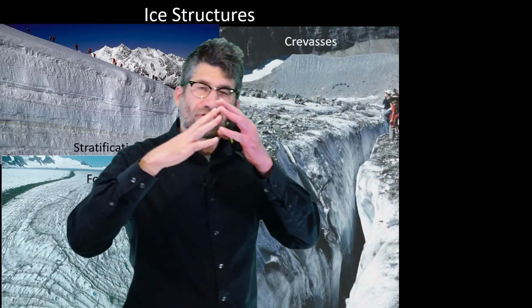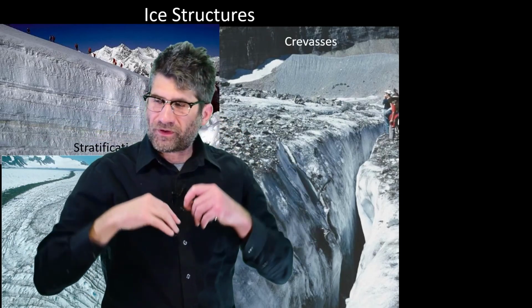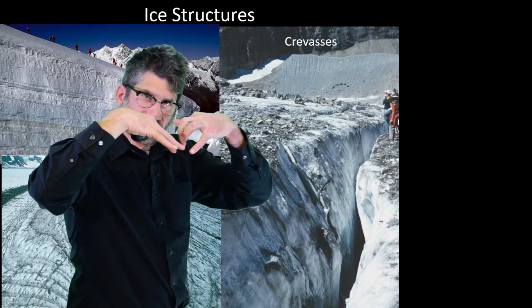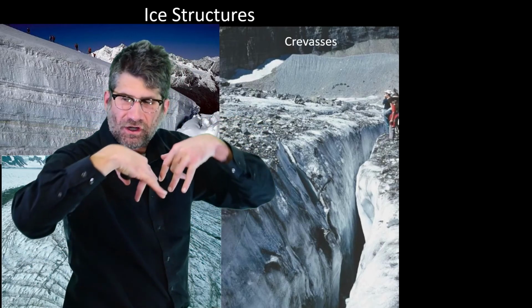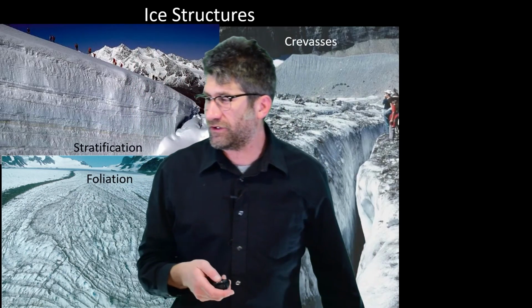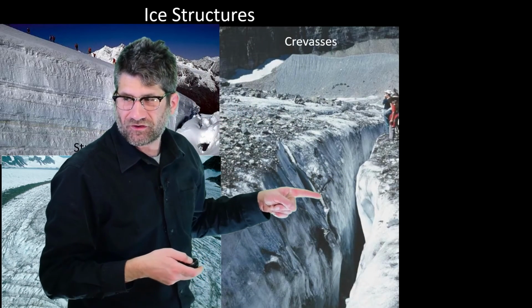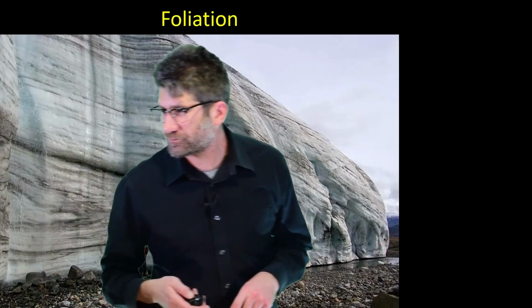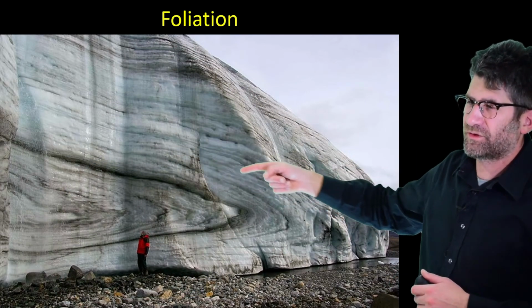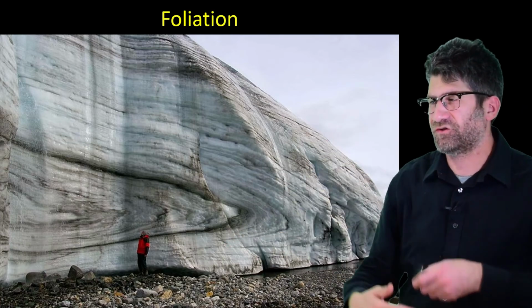As glaciers deform, they'll crack open as well, and then you can create what's called a crevasse. A crevasse is an opening in the glacier that can extend down for tens to maybe even hundreds of meters. That's what mountaineers fall in if they're not careful. Here's a spectacular picture of foliation with glacial ice, because you've got that internal deformation.